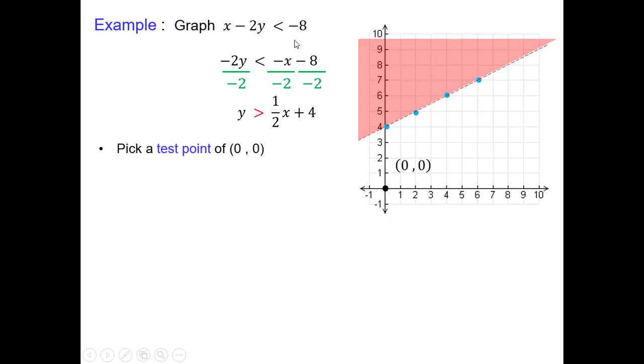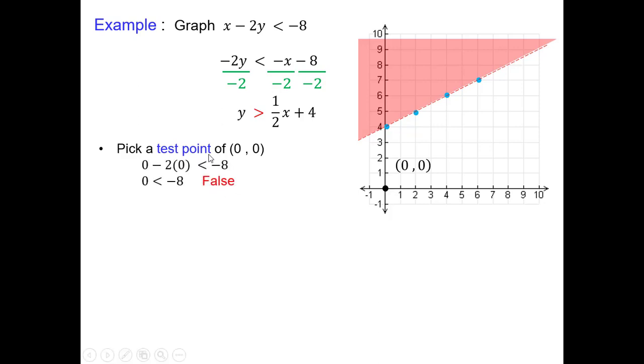Now another way to test which direction to shade is to just pick a test point. A good test point to choose is often 0, 0. So we just want to determine whether or not we should shade the direction with 0, 0.